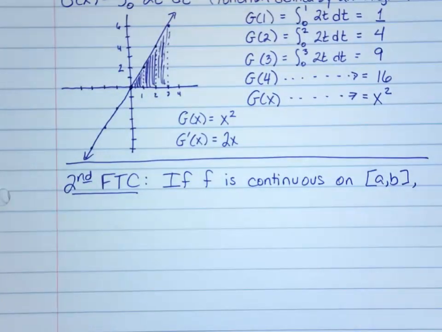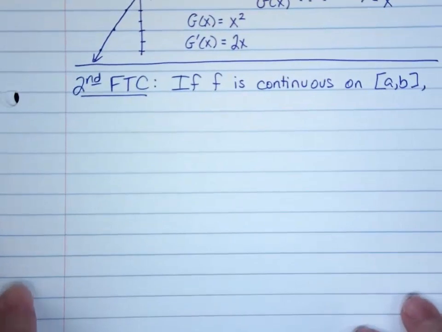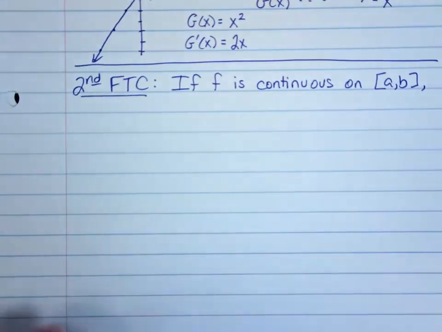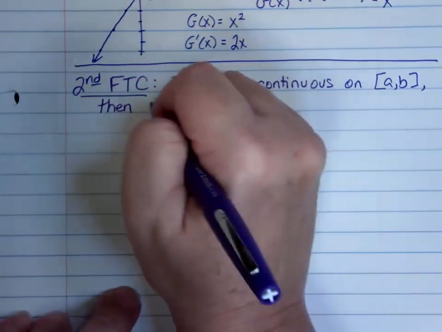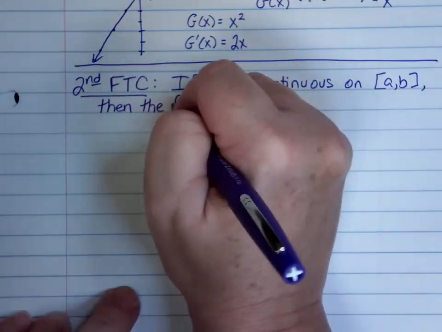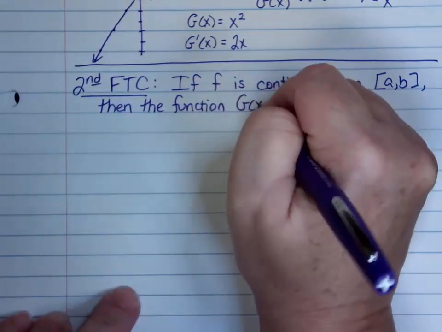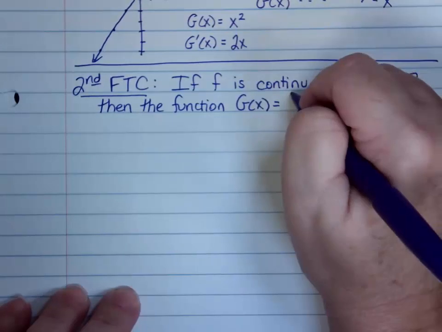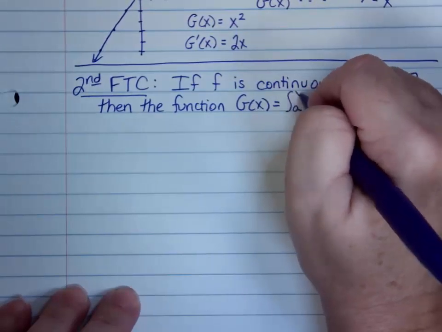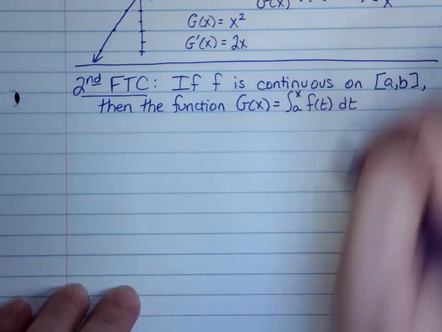I'm going to move it up some more. If f is continuous on the closed interval from a to b, then the function g of x, capital G of x, which equals the integral from a to x of f of t dt.